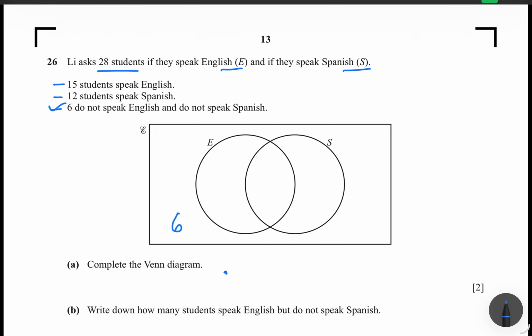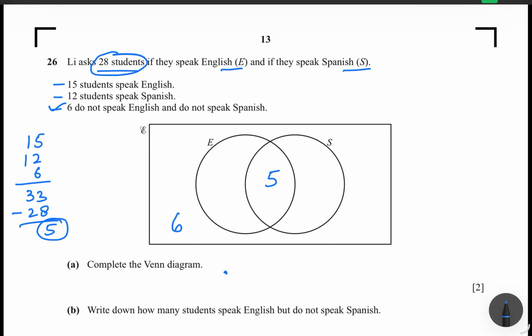First of all, we are given the total. If I add all of them, 15, 12 and 6, I get 33, but the total number of students is 28. So we subtract 28. That means we are getting 5 extra. So these 5 will go in the middle, in the intersection part.